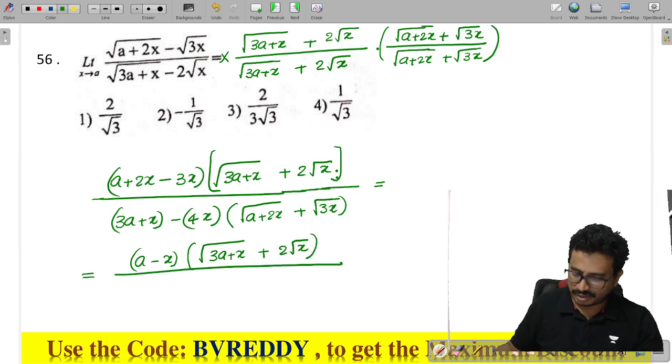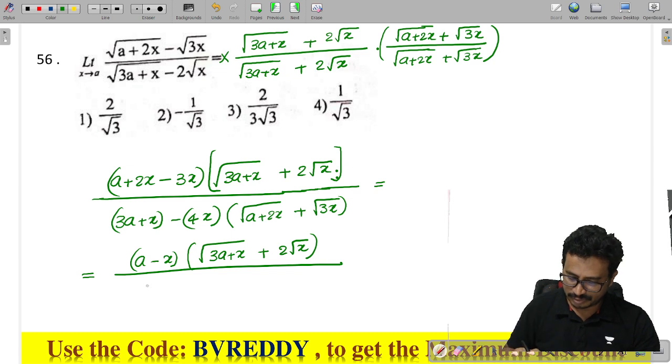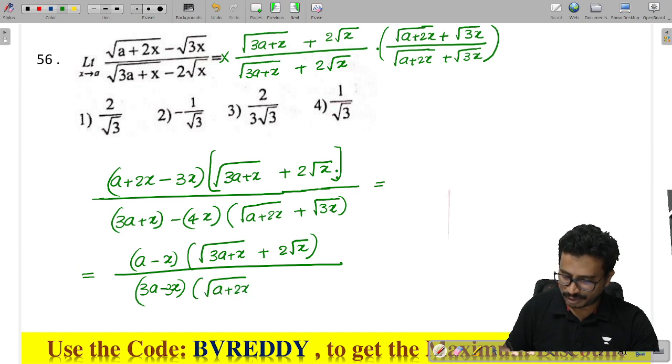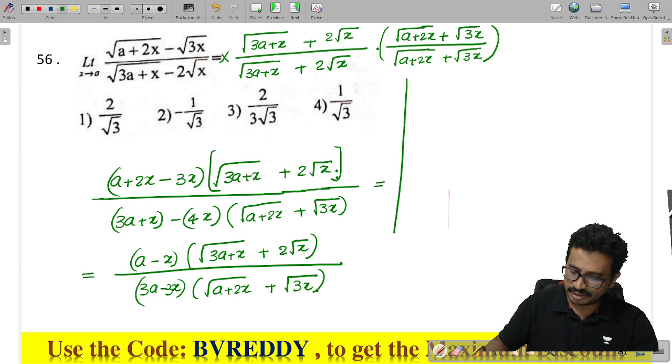By now here you see this thing, which is equal to, now this is 3a minus x minus 3x, 3a minus 3x into square root of a plus 2x plus root 3 into x. Okay, here I can take 3 common, a minus x will get cancelled.